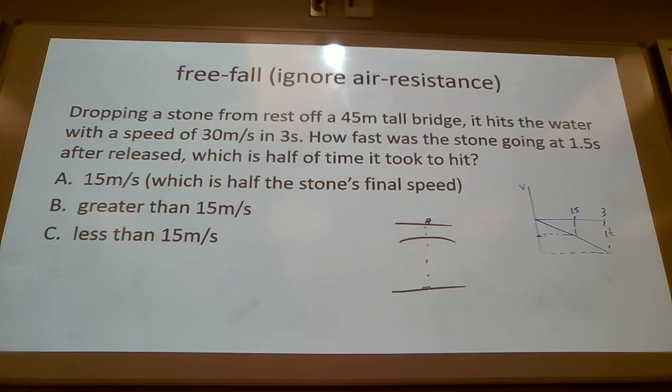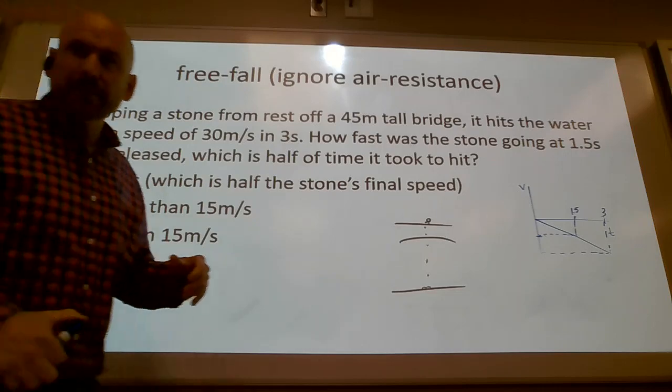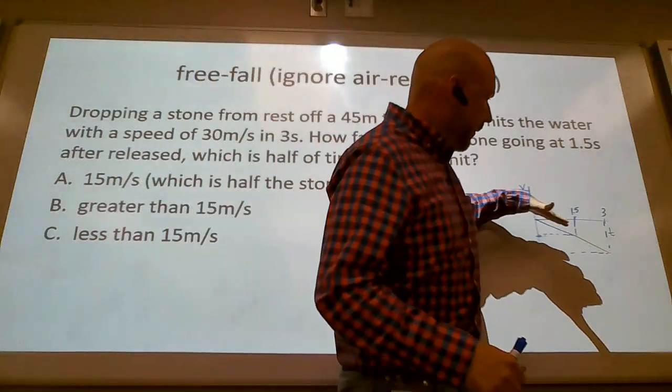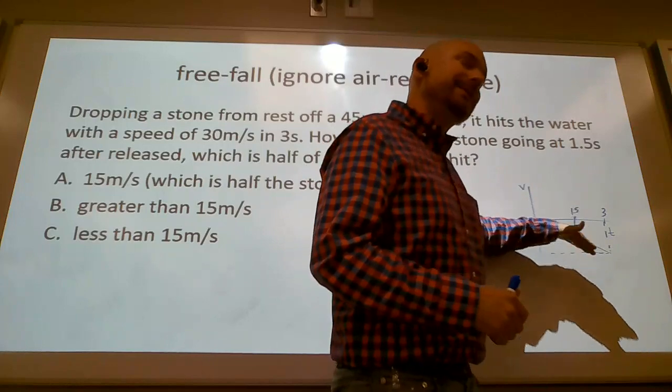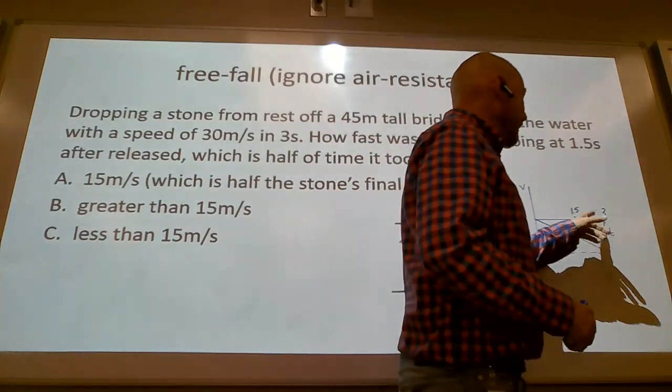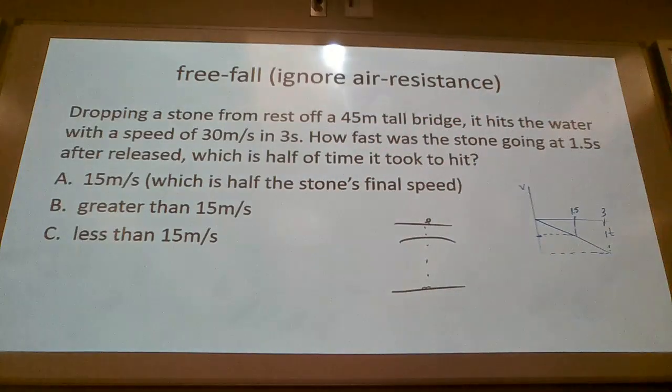Does that make sense? If this is a straight line, that means it has a constant change. Therefore, at half the time, it's changed half as much. If that was not a straight line, that wouldn't be the case. Okay.